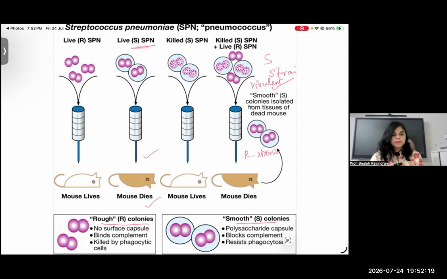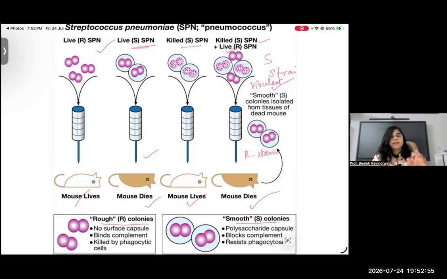The R strain is injected into the mice, and the mice live. Heat-killed S strain is injected into the mice, and the mice live. Then heat-killed S strain plus live R strain are both injected, and the mice die. So he observed all these four steps.